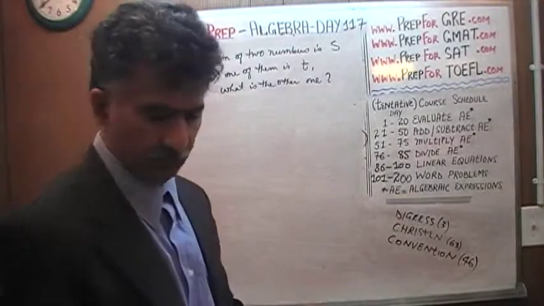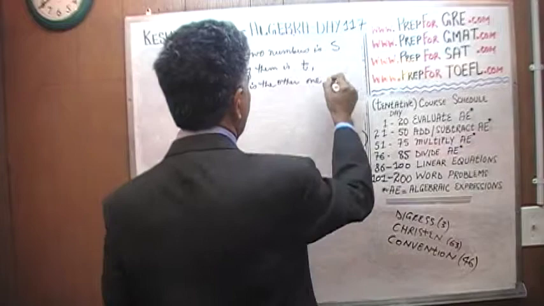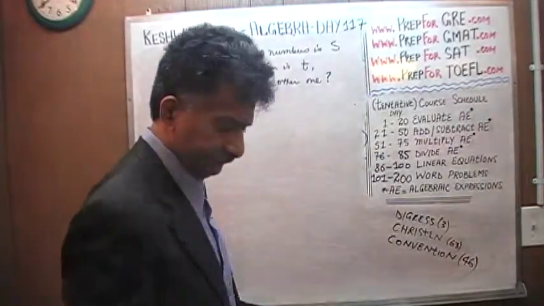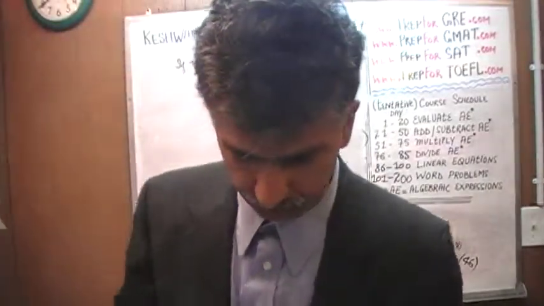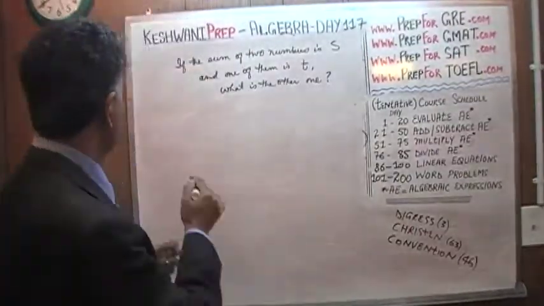If one of them is T, what is the other one? That's the question mark. That's all. Pause the video if you have to, come up with your own answer, and then resume it if you like. Here's the solution.